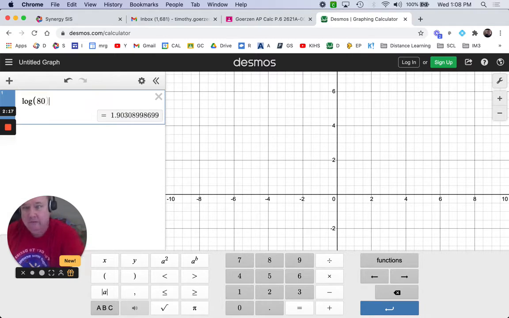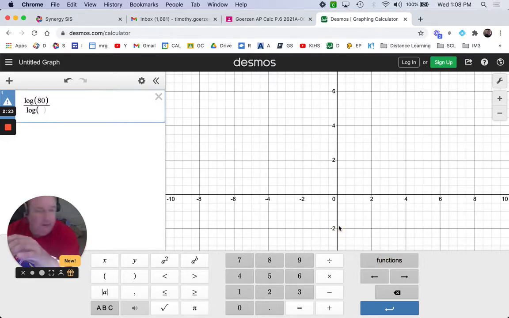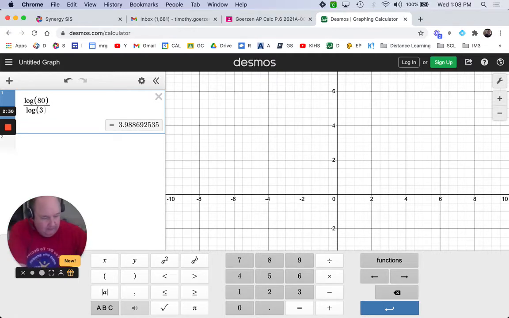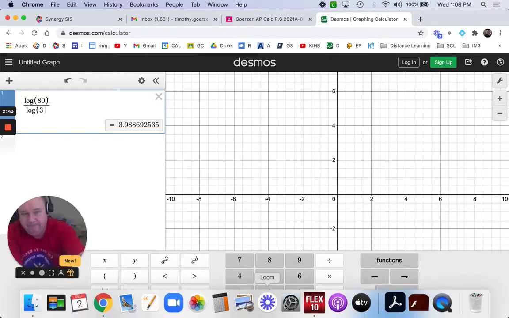Move the cursor. Divided by, so slash, and then same thing, log 3. Now I know the answer is going to be close to 4, which it is, because 3 to the exponent 4 is 81. So it's really close to 4. So it's 3.989. And you have your answer.